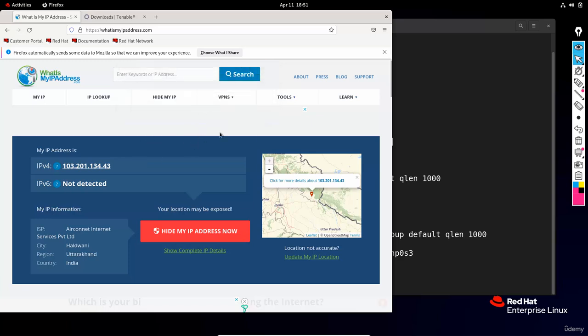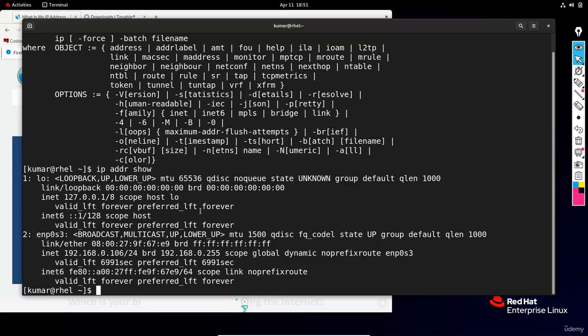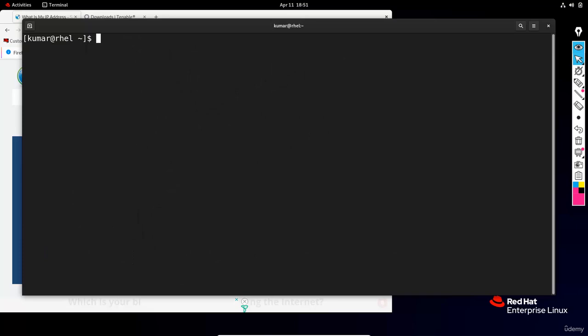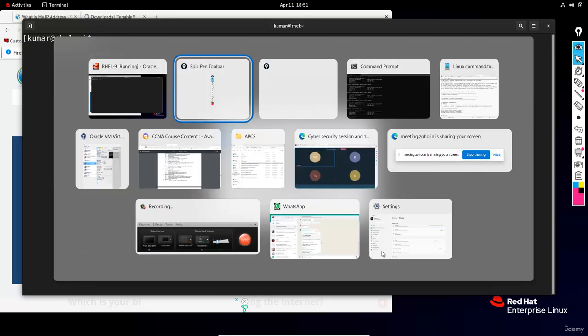If any website tracks me, that website will get this IP address, not 192. Why? Because this is a private IP address. If the IP address is private, it is not available on the internet.